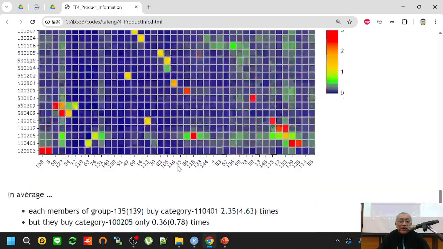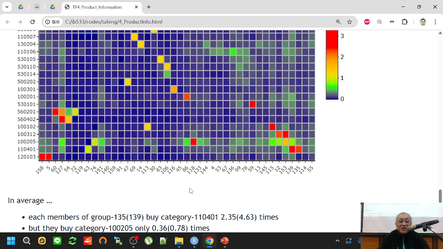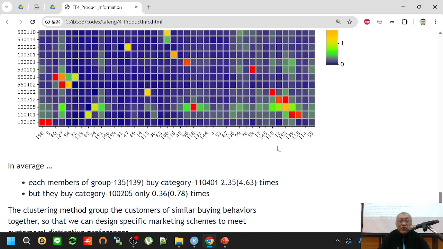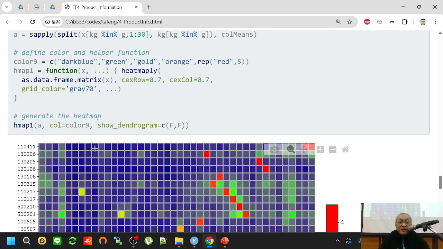Every group has a very specific buying pattern. For example, this group, group 135. On average, we see what this value means.